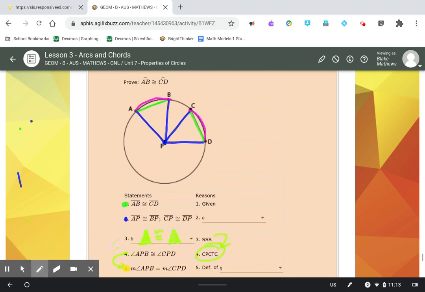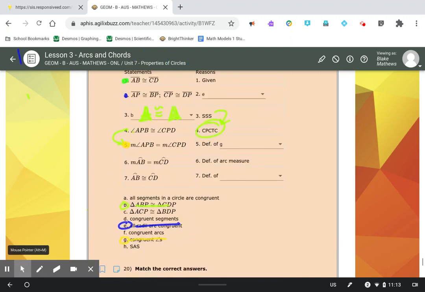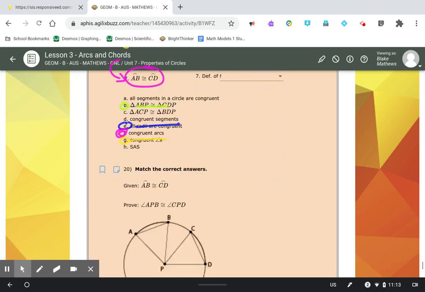So they're saying if these angles are congruent, then these arcs must be congruent as well, which they are. Come down, and that is the definition of arc measure. And then because the measures are the same, then the actual arcs are the same, and so that's congruent arcs. That's going to be answer choice F. Okay, follow along on that.